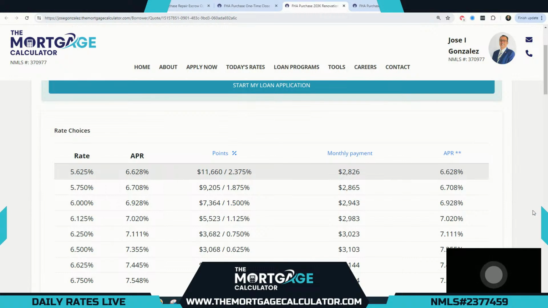And for the 203K, there are two options. There's a streamlined option that goes up to, I believe, $35,000. They may have changed that recently, but there is a streamlined option. And then there's a standard option.